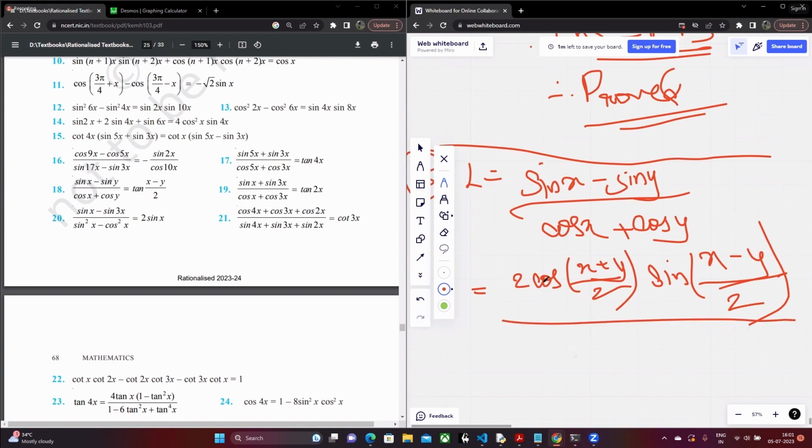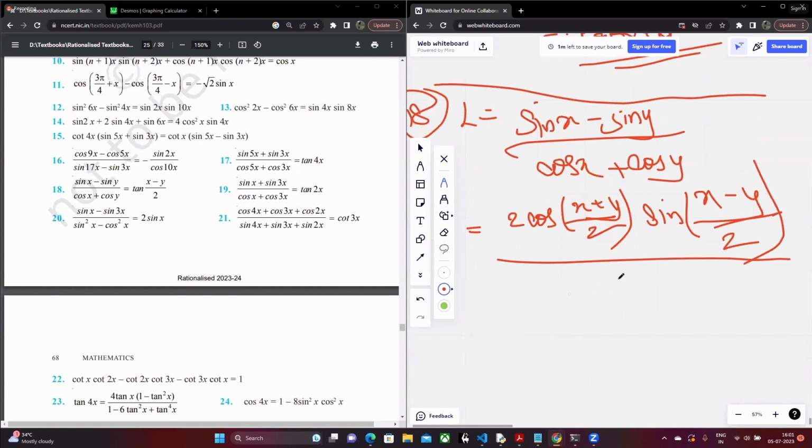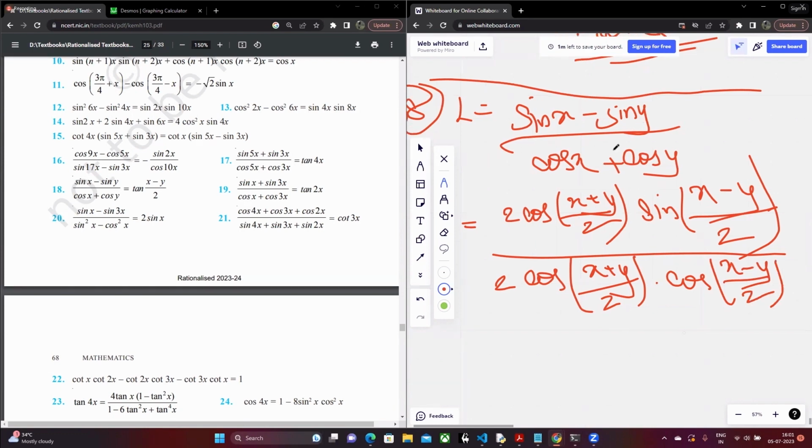Remember the formula again, it is going to be 2 cos of (x plus y) divided by 2 into cos of (x minus y) divided by 2. The 2 cos (x plus y) by 2 is cancelled out.